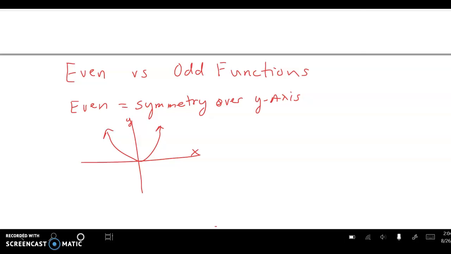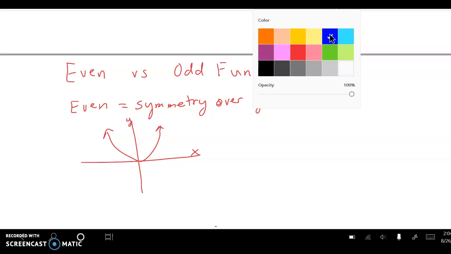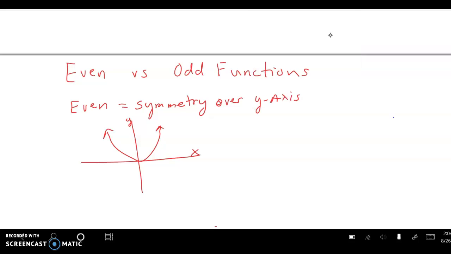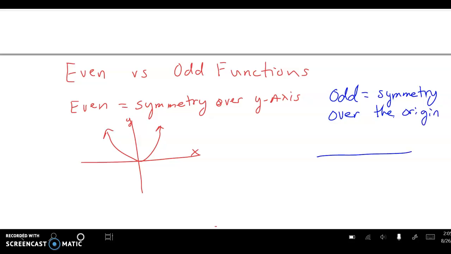However, an odd function has symmetry over the origin. So for instance, a cubic.